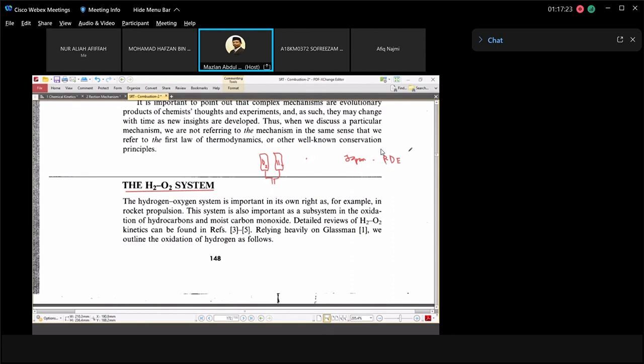Oxygen plus hydrogen is put in the RDE system, producing thrust of about 500 Newton. However, it can only last for 6 seconds.